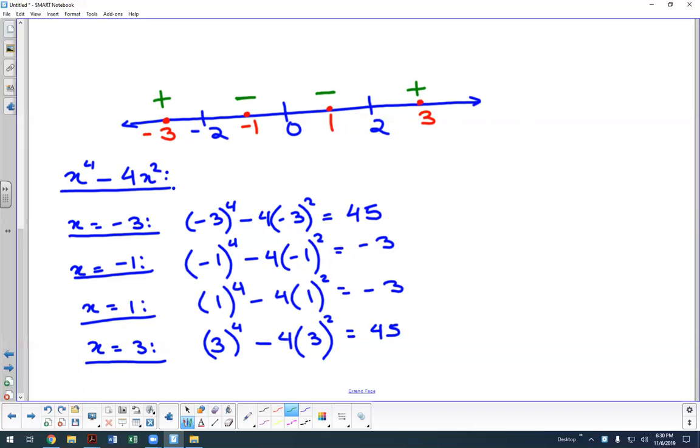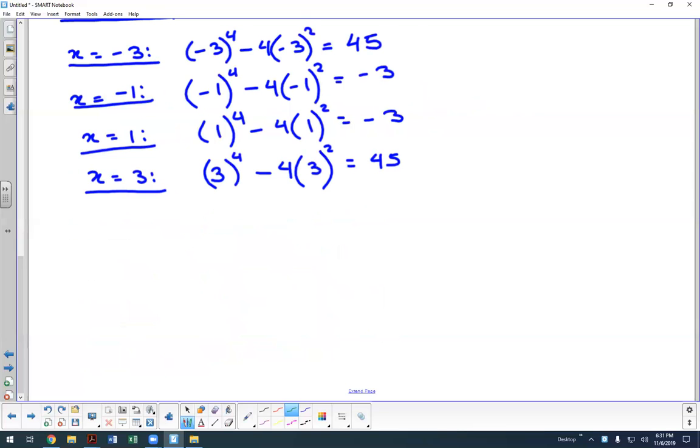So we now know in which interval the y values are going to be positive, which interval the y values are going to be negative, and we also know at the x-intercepts themselves, y values will be 0, right? So looking at our inequality now, what can we say about our solution set?